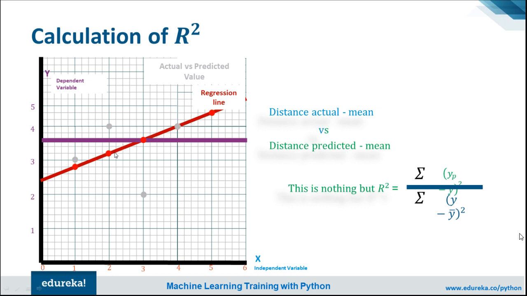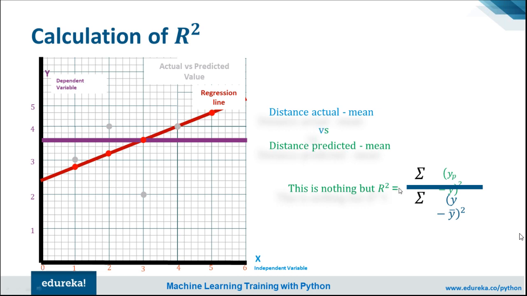So you are looking at how far away your actual data point is from the mean value, and you do the same thing with the predicted value: how far away it is from the mean value.